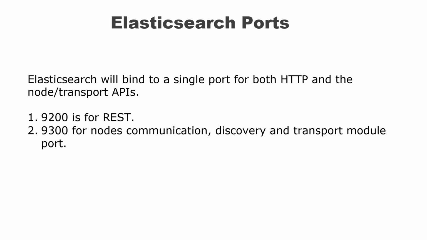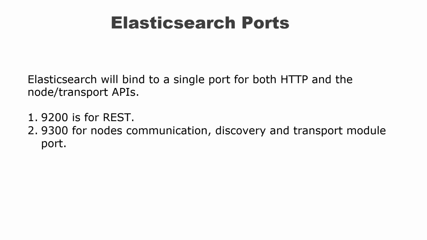Now, Elasticsearch binds to a single port for both HTTP and node transport APIs, and that is 9200 for the REST and 9300 for the node communication, discovery, transport module and so on. So two ports are used.